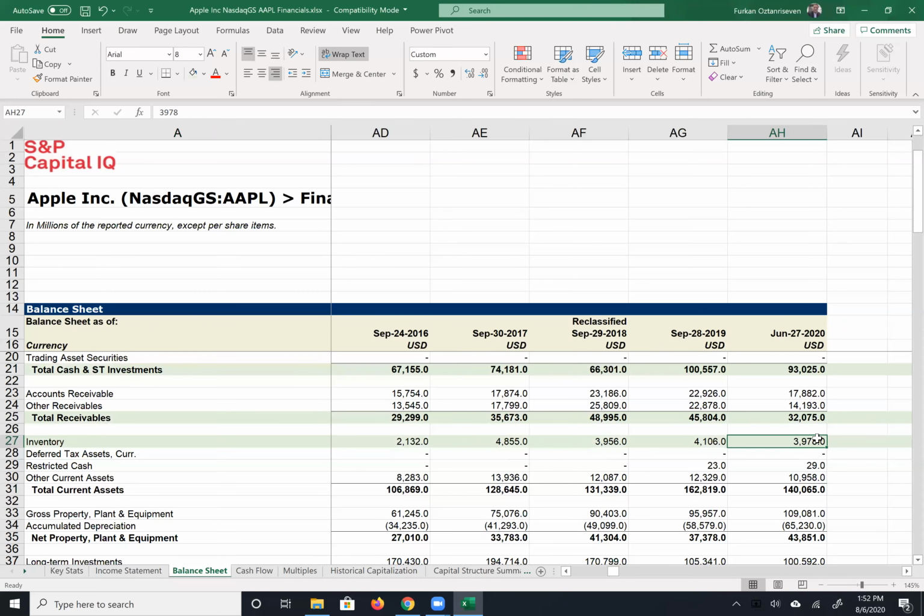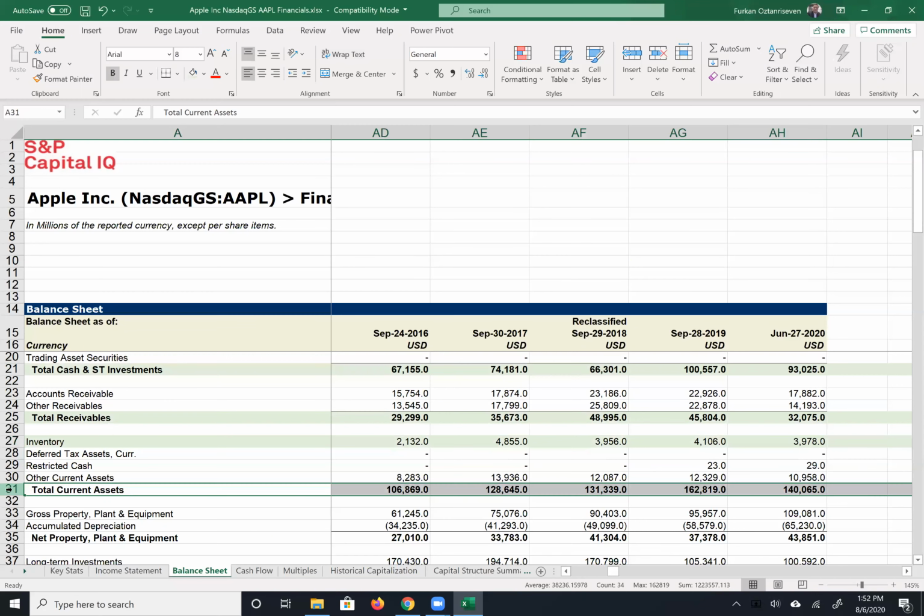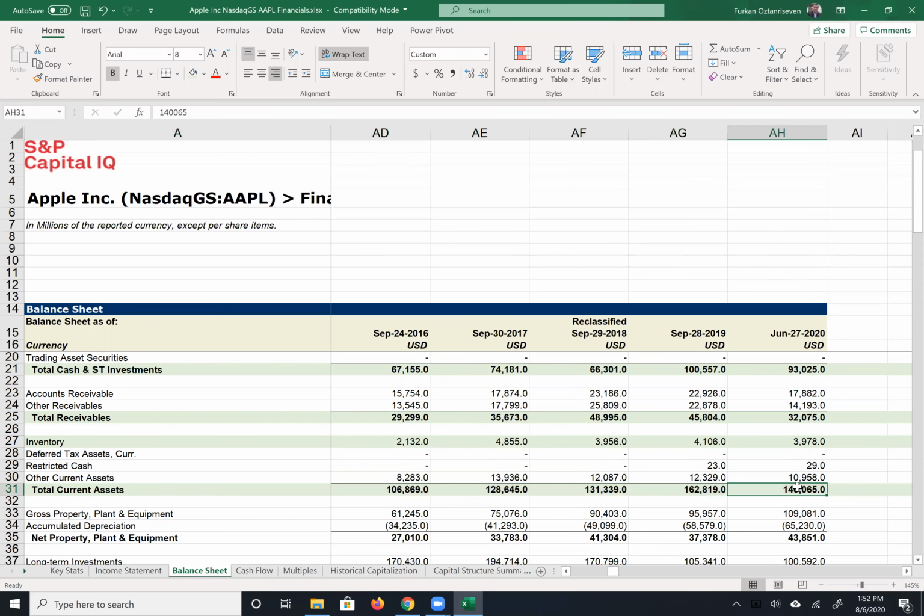That company has $3.9 billion worth of inventory, which is very low if you look at the other numbers here. And then you can see here the total current assets for Apple is $140 billion. Again, if Apple needs cash, we can assume that within 1 year, Apple can get $140 billion of cash by converting these securities, these assets into cash.